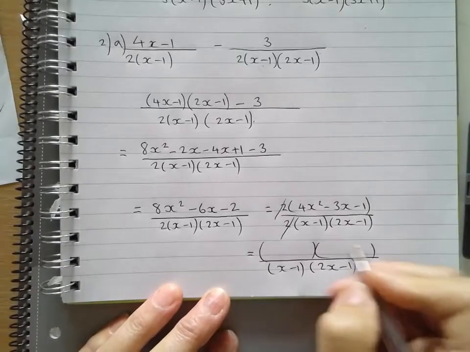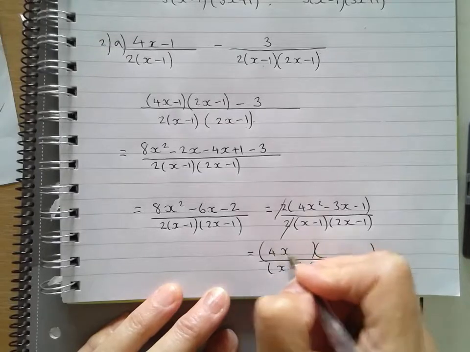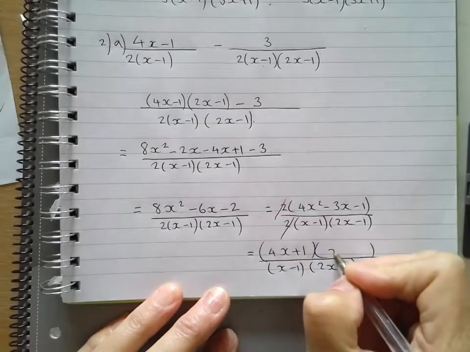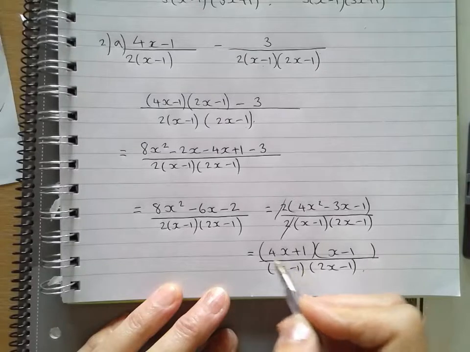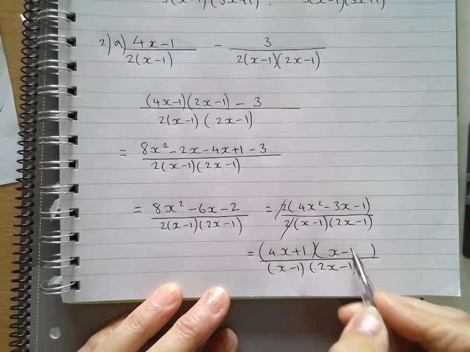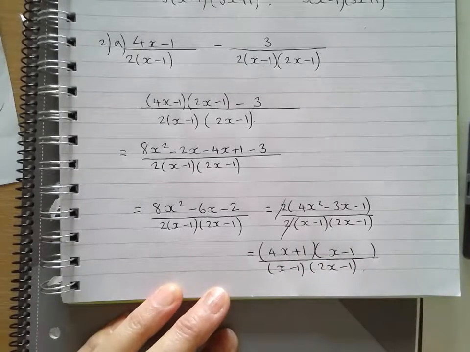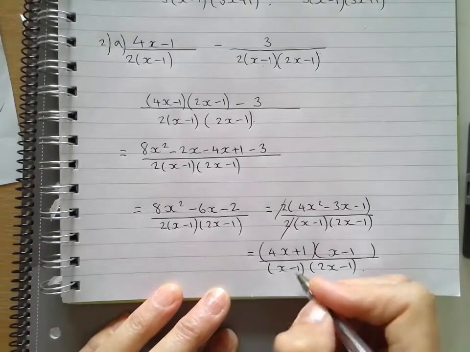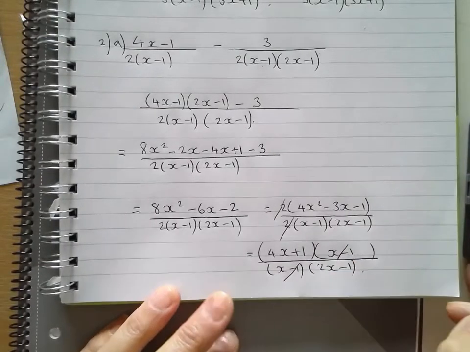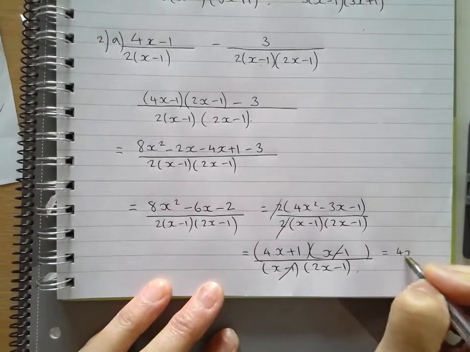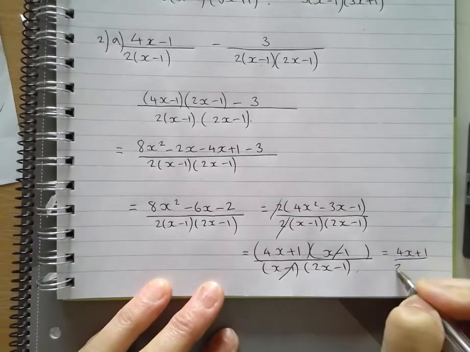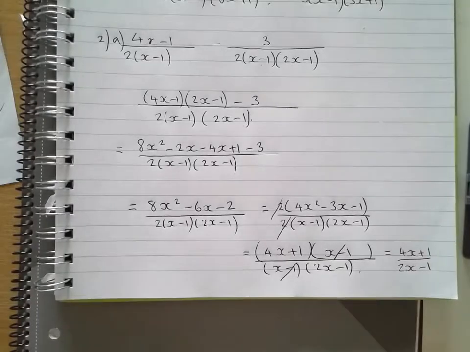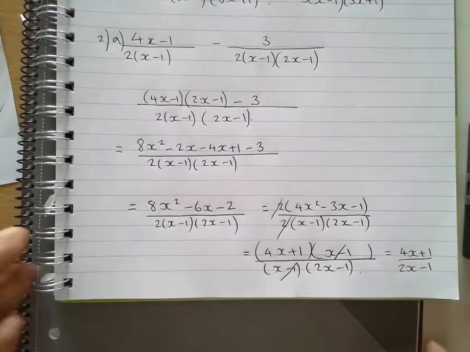So I've got 4x plus 1 and I've got x minus 1. So I'm going to just check it with expanding, making sure that I'm actually right with my expansion. So I've now factorised the top, I've factorised the bottom, so I can cancel those two. So I'm left with 4x plus 1 over 2x minus 1 as my single simplest fraction.